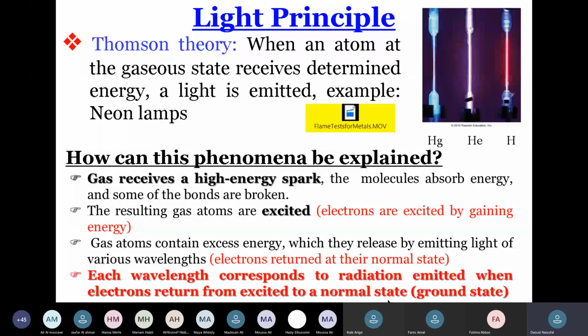At the microscopic scale, this energy given to the gas atoms is absorbed by these atoms, so the electron inside the atoms will pass from the stable state that we call the ground state to another state, which is the excited state. So the atom becomes excited, and the atom is stable, so it should return to the stable state. The electron will return from the excited to the stable state by emitting radiation.